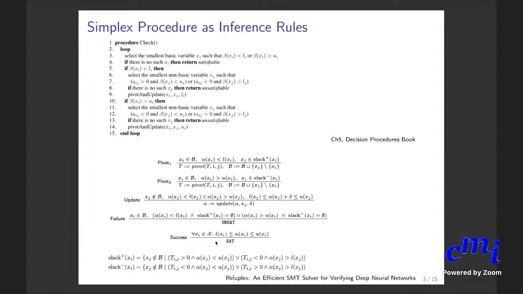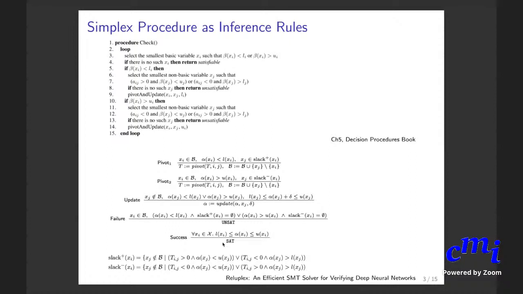And if every variable in the basic set satisfies their bounds, then you terminate with success. Okay.